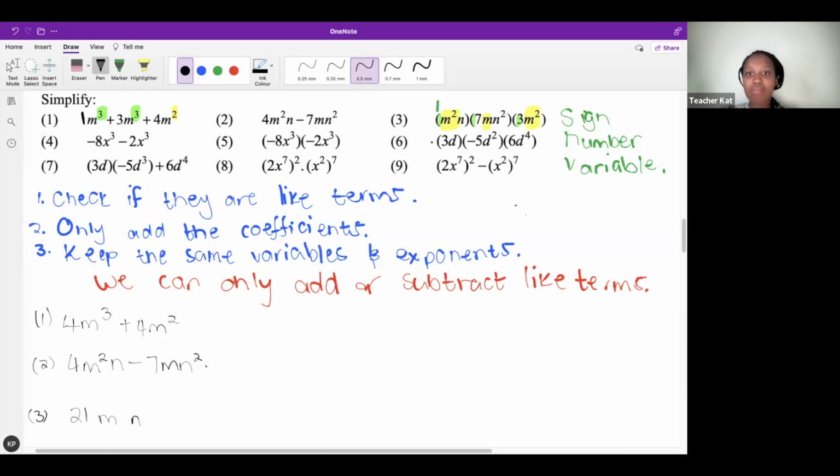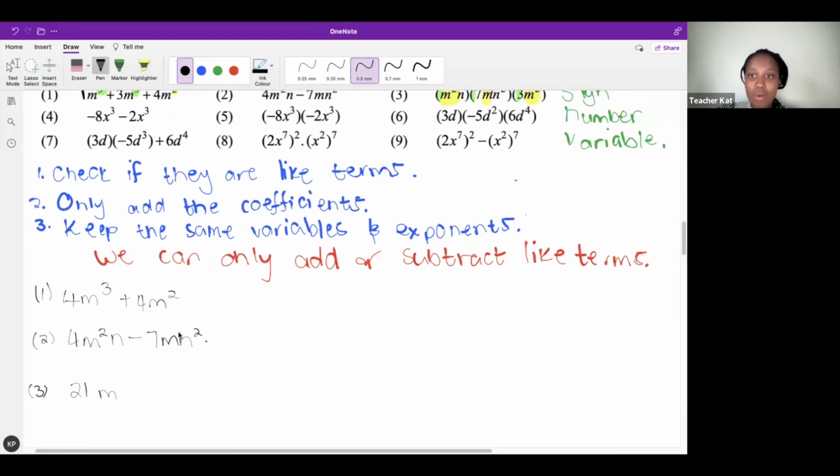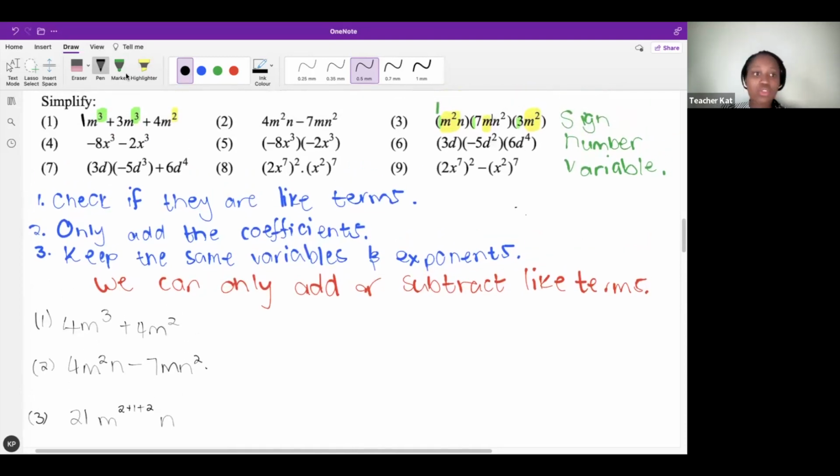So we have m squared times m squared. What is my exponent going to be? It is a 5, because once again, when there's no exponent there, there is a 1. So this is m, actually, I shouldn't skip steps, so I'm going to say m to the power of 2 plus 1 plus 2.